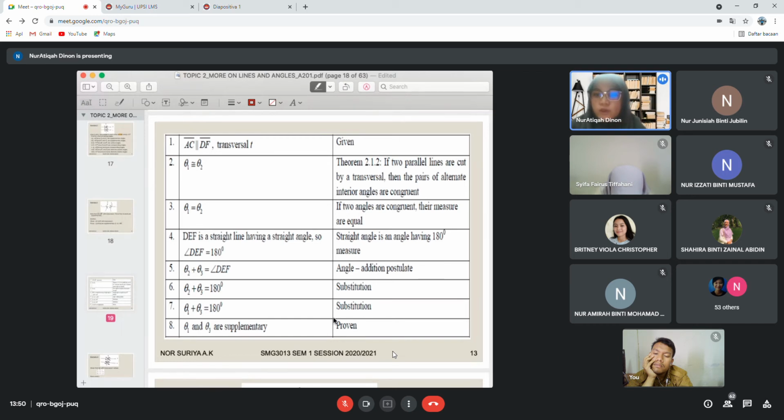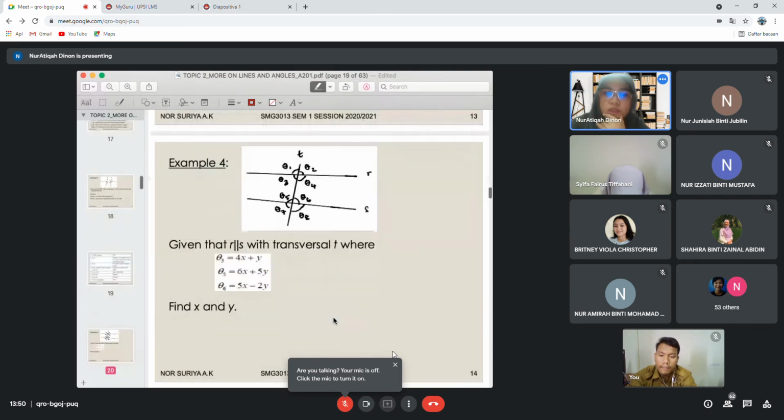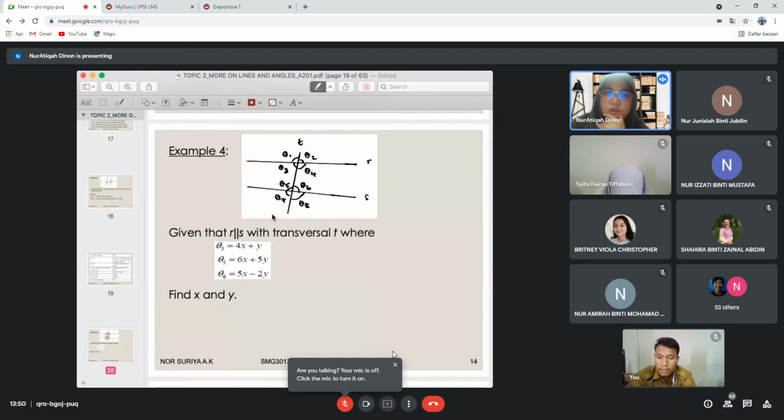Before you try by yourself, maybe you can just read the answer that they have and try to understand how they answer it, so that you can see the flow of how to write the reasons. Okay? Now let's look at example 4.